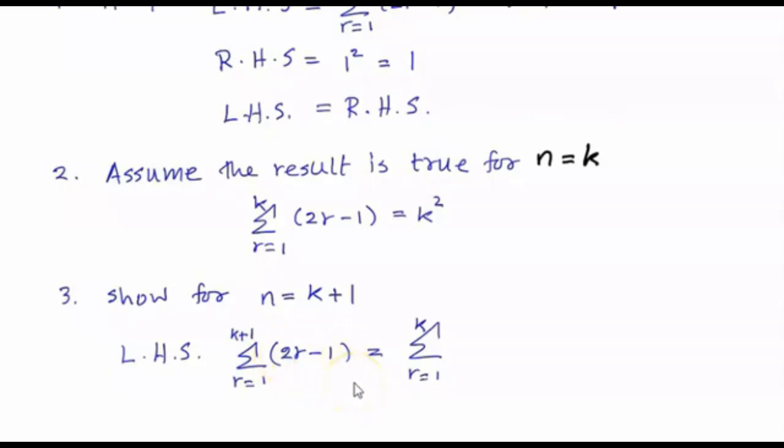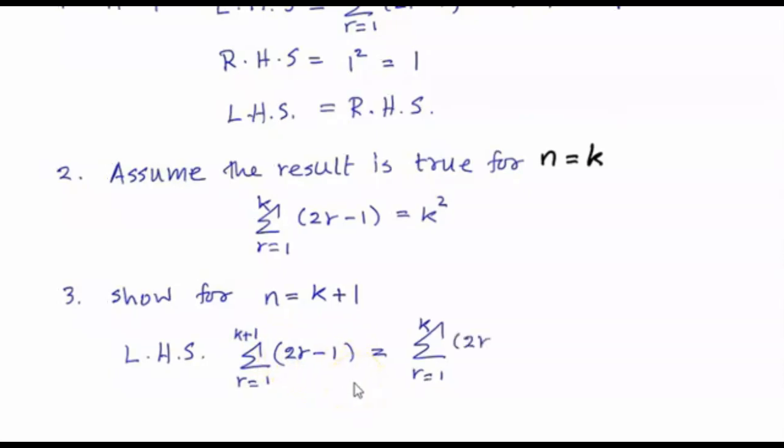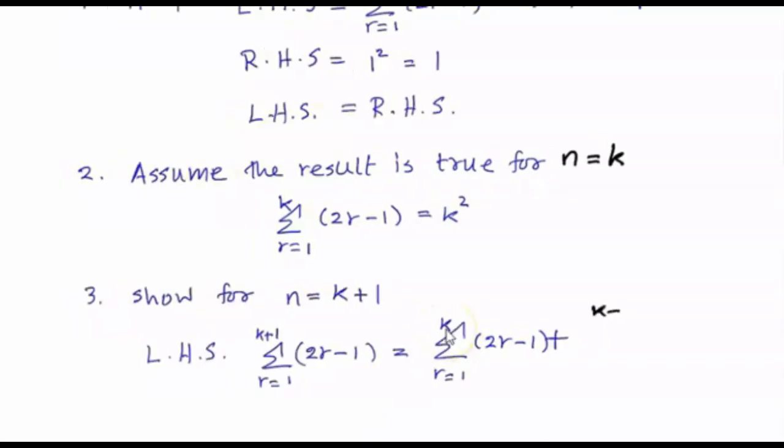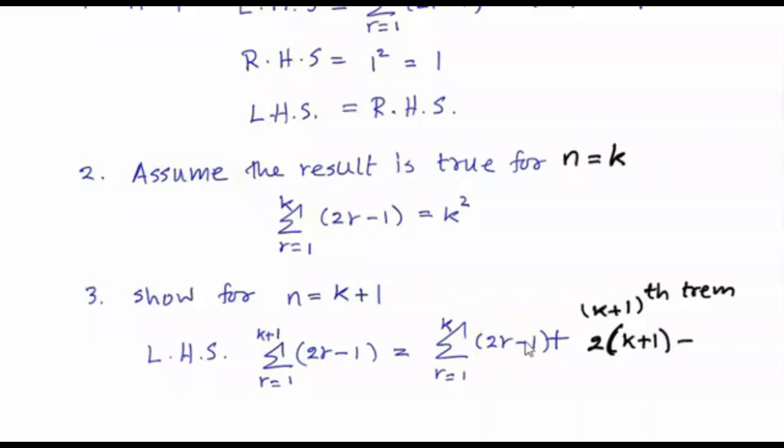I have from 1 to k of 2r minus 1, but this only takes care of up to k. So what is the k plus 1 term? That will be 2 times r, where r is k plus 1, and then minus 1. That gives us the k plus 1 term.